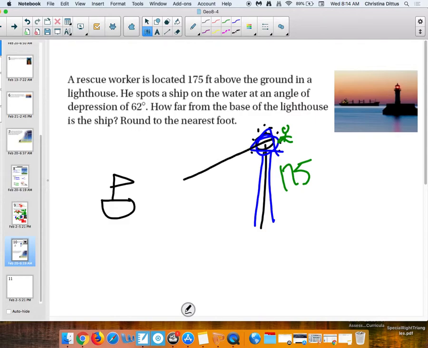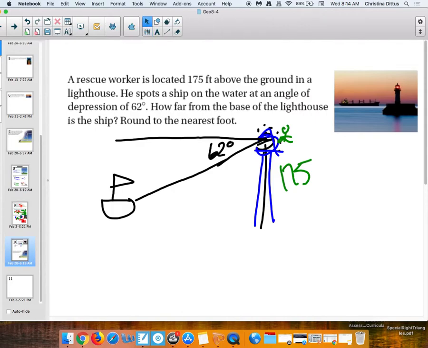And we go down to the boat. Angles of depression are below the horizontal. Angle of depression is 62 degrees. I need to know how far from the base of the lighthouse the ship is.